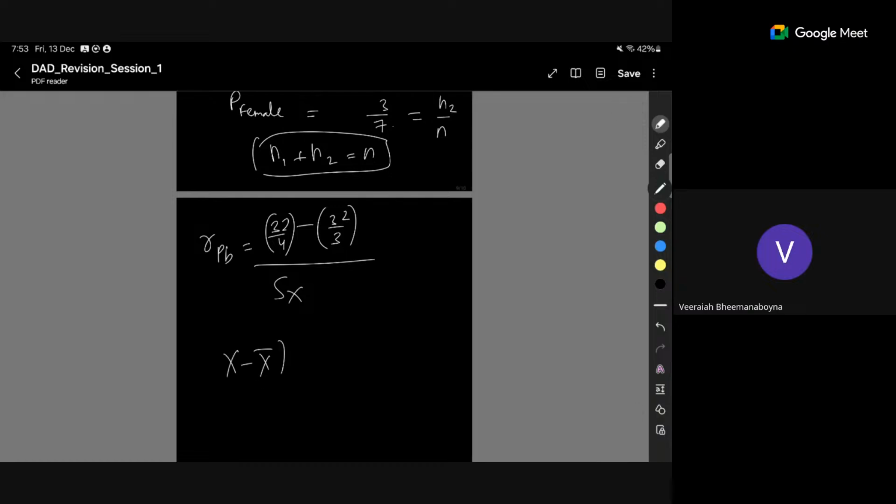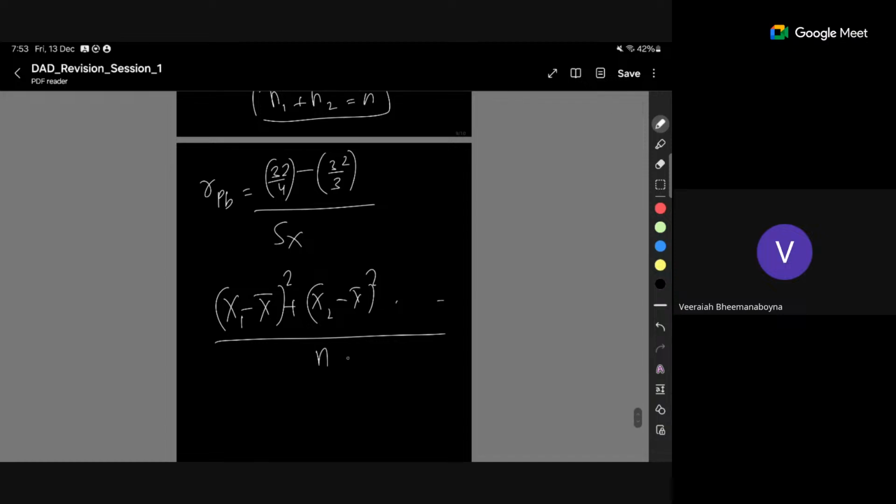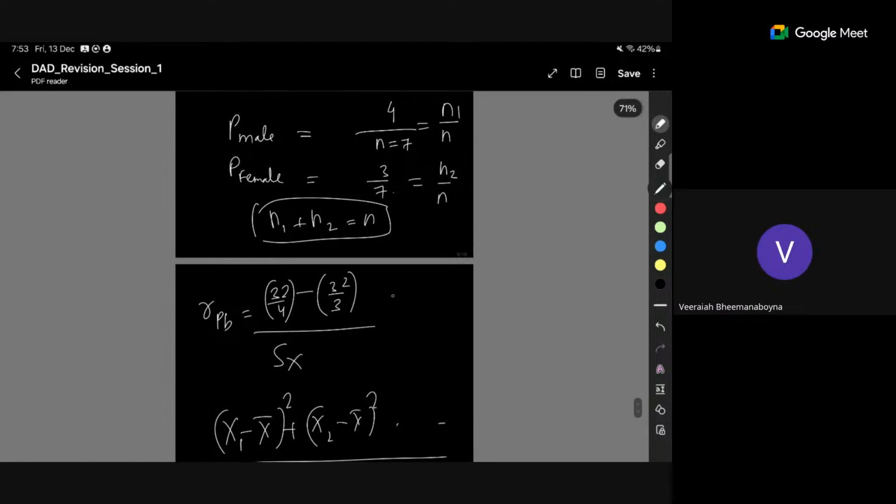I have to write x1, x2 minus x bar whole square, and so on, and then divide by n minus 1 or n, depending on whether it is mentioned sample or population. Whichever is given, write accordingly. Then you have to write the proportion, which is 3 by 7 for female and 4 by 7 for male. If you do this, you can get the point biserial correlation coefficient.